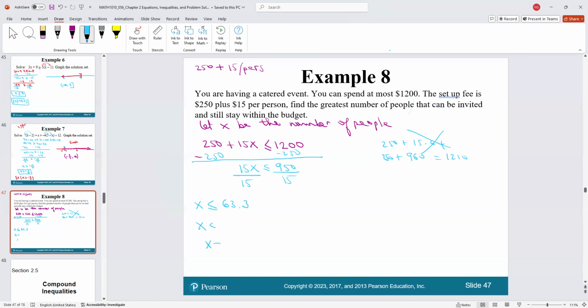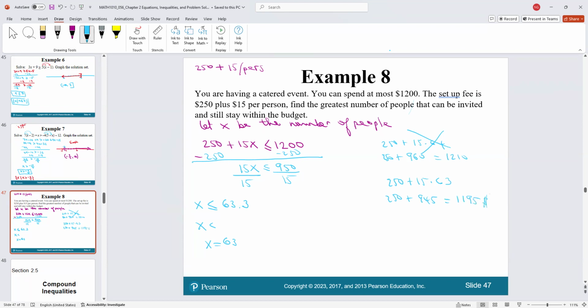So you should invite only 63 people, because 250 plus 15 times 63 works out like this: 15 times 63 gives you 945, plus 250 gives you $1,195.